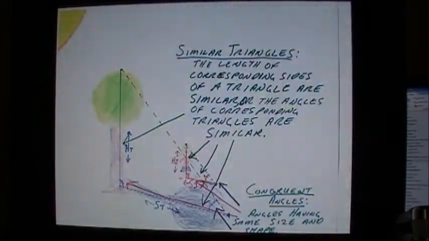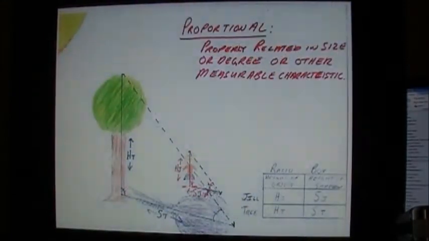Congruent angles are angles having the same size and shape. The height of Jill, Hj, and the length of Jill's shadow, Sj, are proportional to the height of the tree, Ht, and the length of the tree's shadow, St. We record the relationship in a ratio box. Proportional is defined as properly related in size or degree or other measurable characteristics.